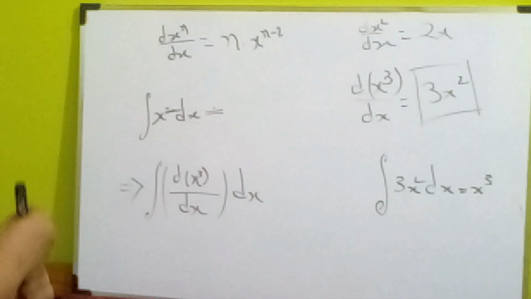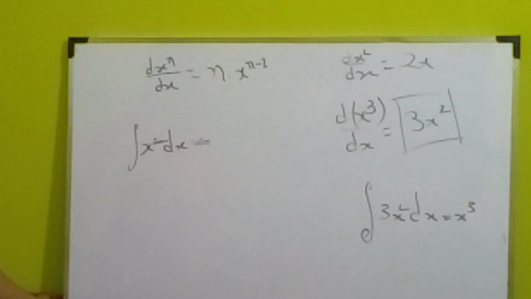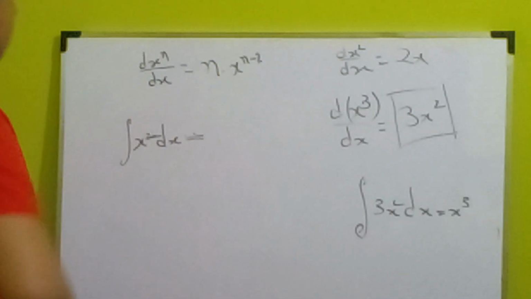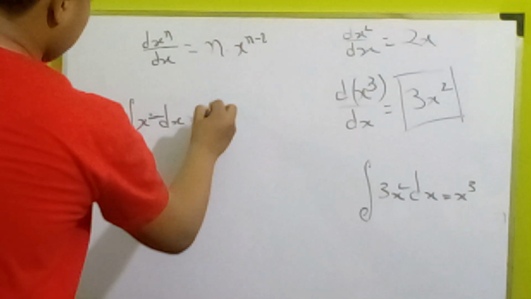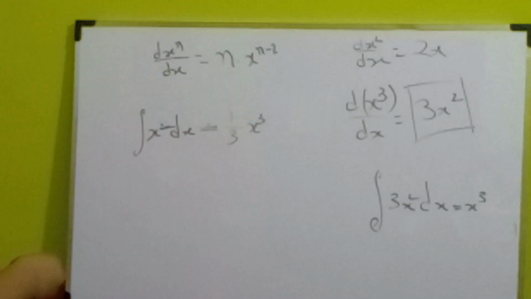What can we do? Wait. Just divide both sides by 3. 1/3. Yes, 1/3 here. 1/3 x cubed. This is it.